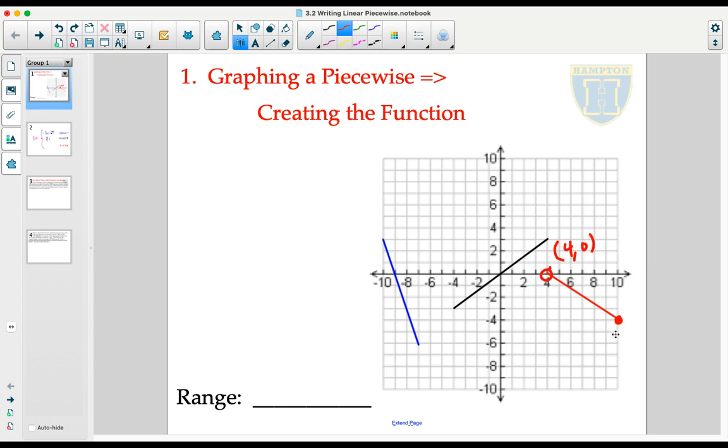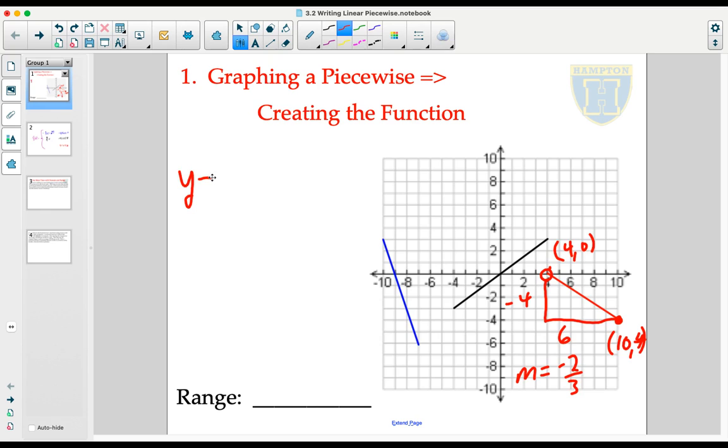And it looks like I have a candidate over here at (10, -4). Walking my slope, I'm going to go down 4 and over 6, which means I have a slope of -2/3.